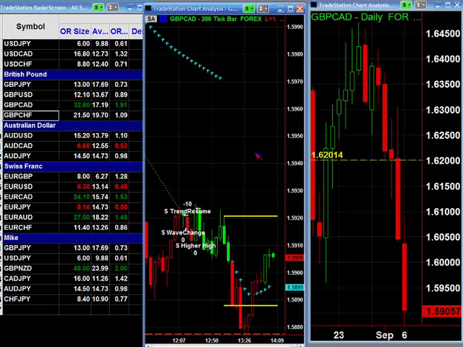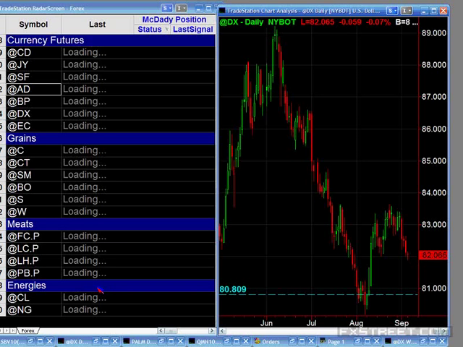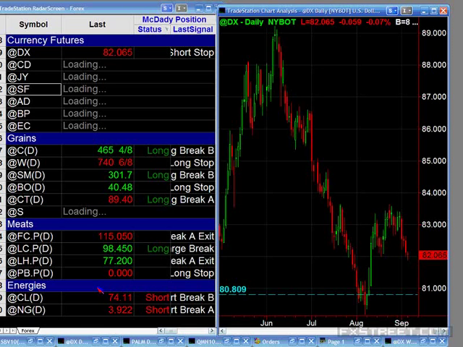I've opened the gold. We have 2 trading techniques. This is basically what we train the traders here, either long-term traders or short-term traders.